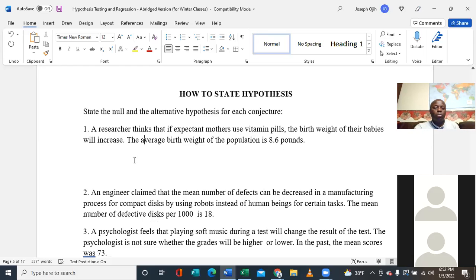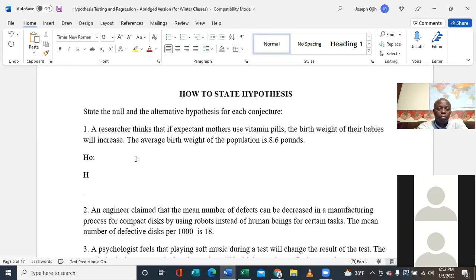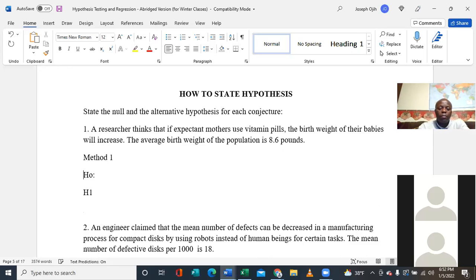So, hypothesis solution: we need two of them, H0 and H1. I'll show you the two methods because some books use one method. So method one, H0 and H1. Use whichever method you prefer.